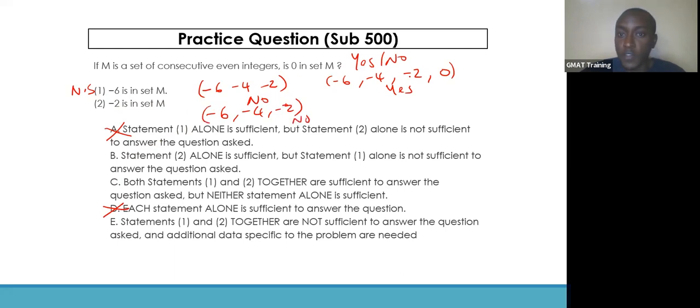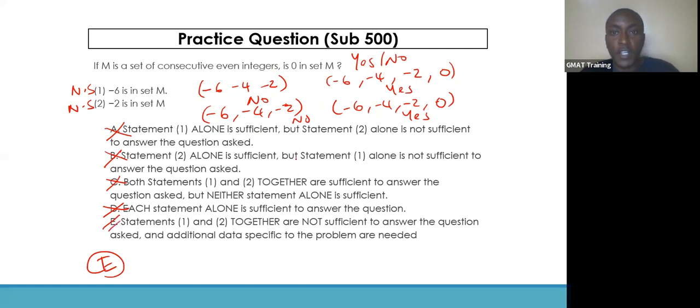No. Let's take this one: -2 is also in the set, so we can have -6, -4, -2, 0. Is 0 in the set? Yes. Same, not sufficient, and therefore B is also out. If you combine the statements, there's no new information since both -6 and -2 are in the sets, and therefore C is also out, and our answer is E.